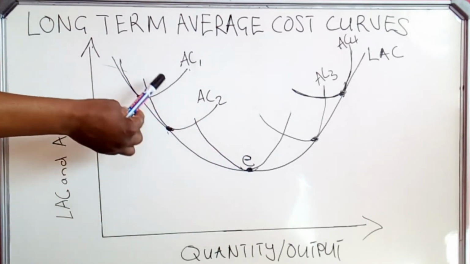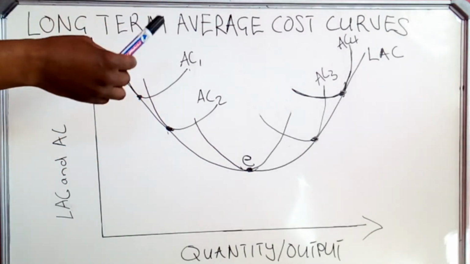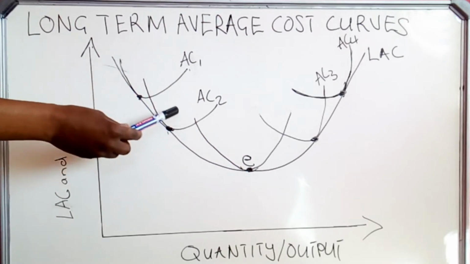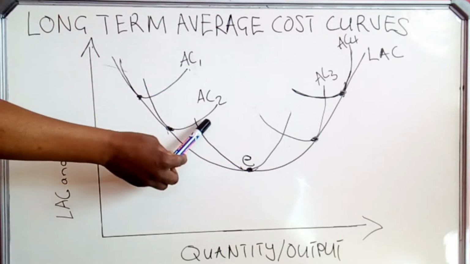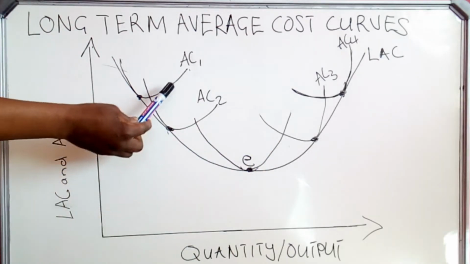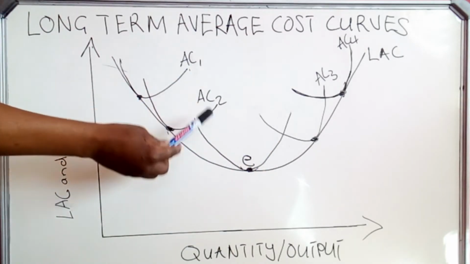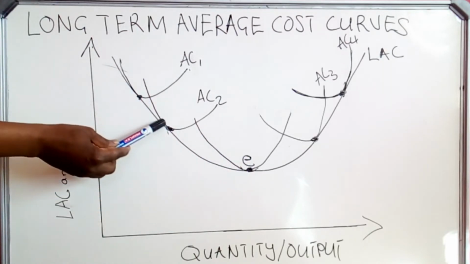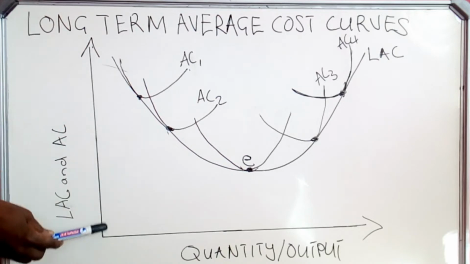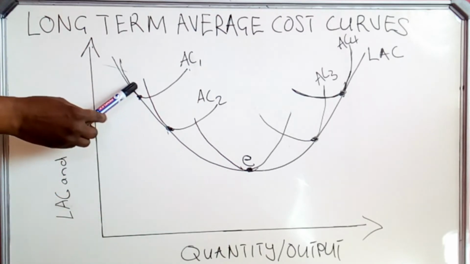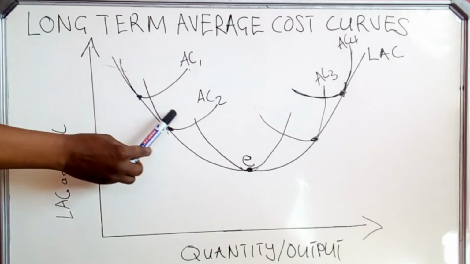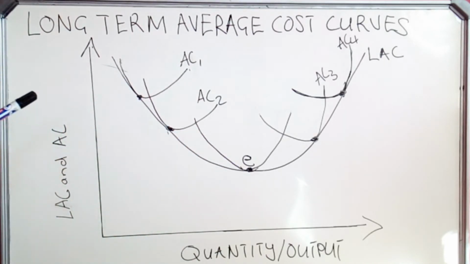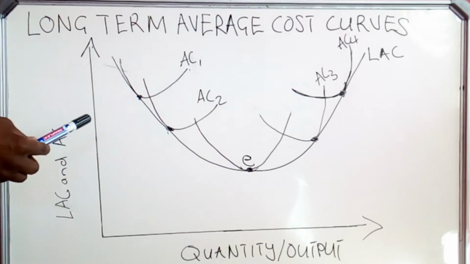You are not adding any additional resources; you're using the same resources that are available, but as the production capacity of the firm increases, the average cost per unit decreases. As you can see, we are going downward. The average cost per unit is decreasing. So between this point and that point, the firm is enjoying internal economies of scale.